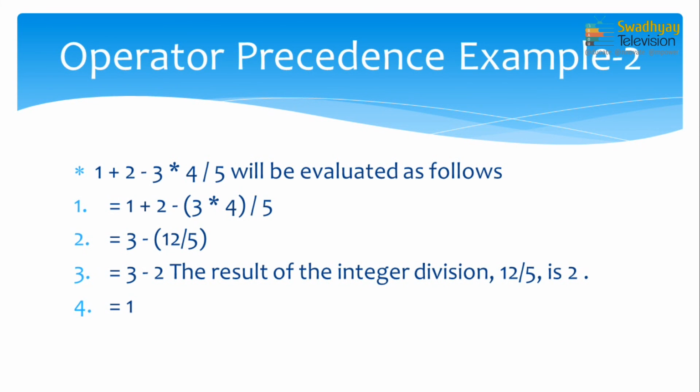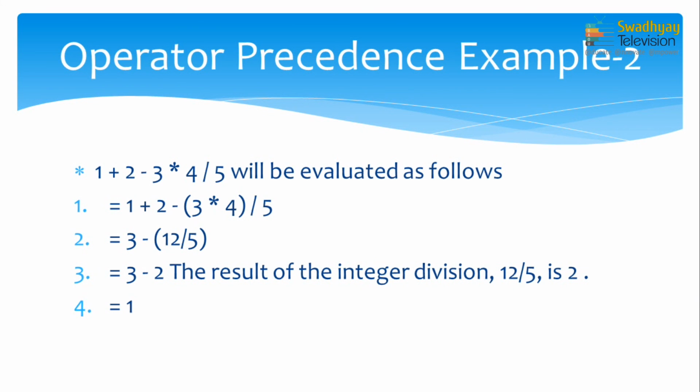So, what will happen? As we mentioned earlier, operators with the same precedence will be evaluated from left to right. So, 3 * 4 is evaluated first. In the first line you can see 3 and 4 are evaluated, and then whatever answer we get will be divided by 5.